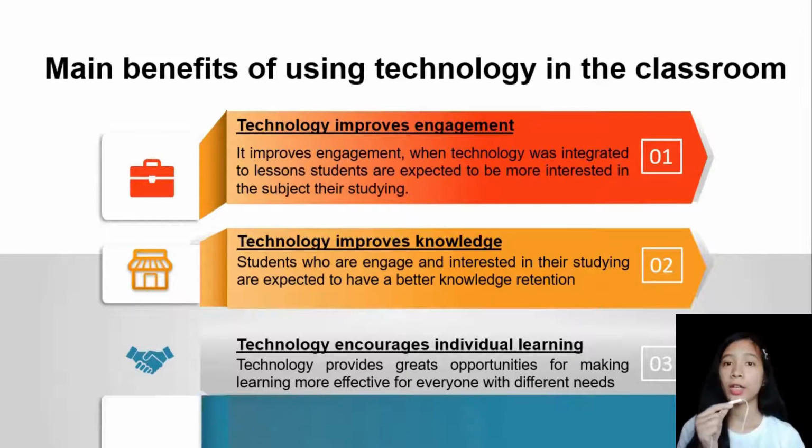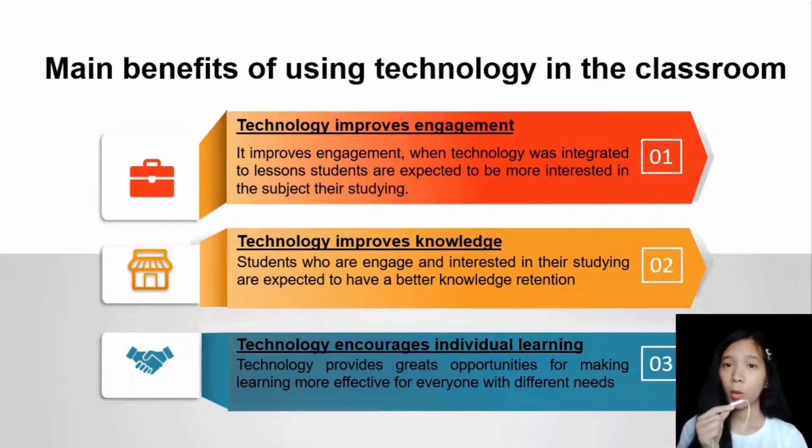Third, it encourages individual learning. No one learns in the same way because of different learning styles and different abilities. Technology provides great opportunities for making learning more effective for everyone with different needs. For example, students can learn at their own speed, review difficult concepts, or skip ahead if they want to or if they need to.